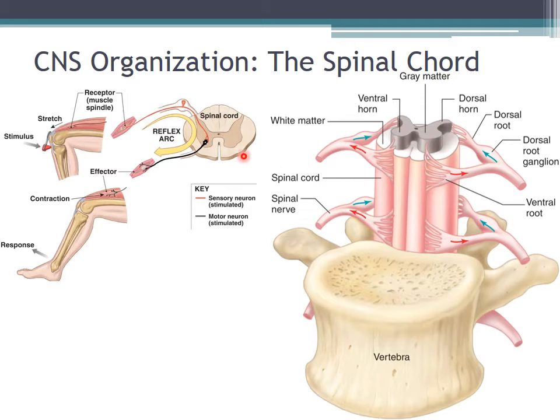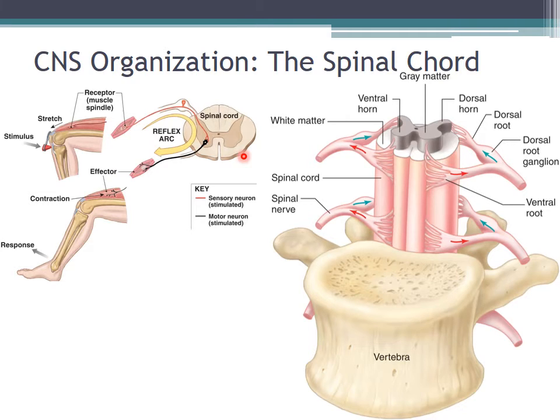Now, spinal reflex arcs, or reflex arcs in general, are adaptations to reduce reaction time. The way that reflex arcs reduce reaction time is by reducing the number of synapses involved in the process of sensation and action. The reason that this helps is because each synapse in a process is going to introduce a small time delay called synaptic delay, a delay of about half a millisecond.